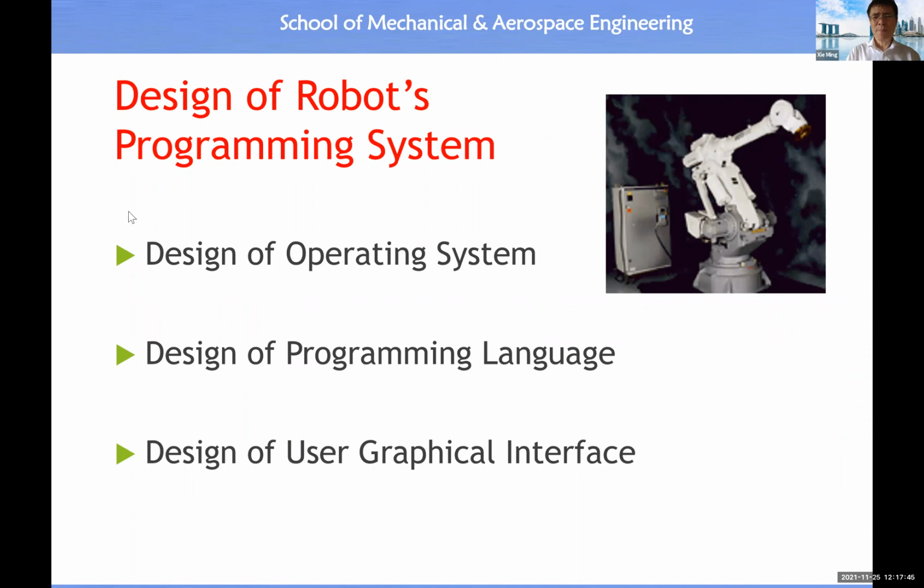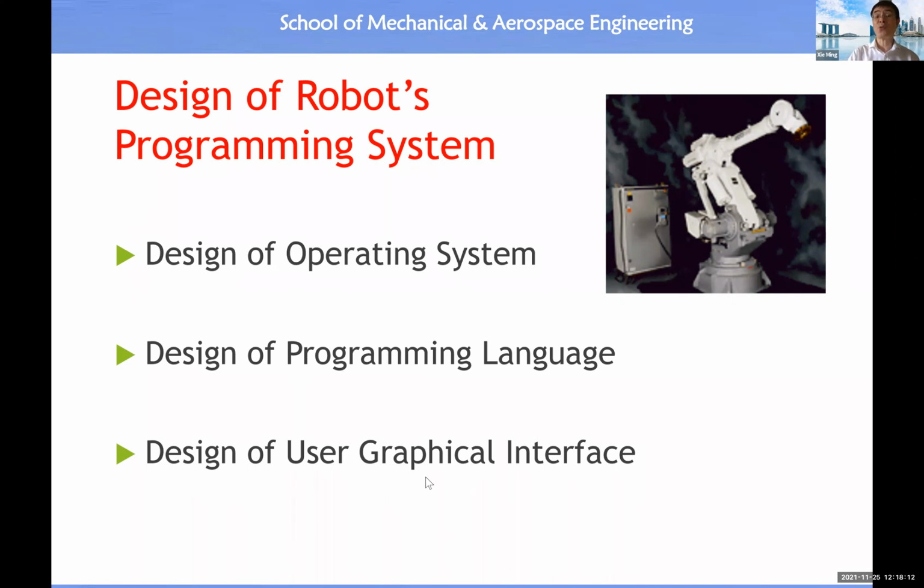Then for the design of a programming system, the key considerations will be operating system, programming language, and user graphic interface. This is to support human-robot interaction. All right. Normally we just choose the operating system from what is offered in the market, and choose the programming language from what is offered in the market.